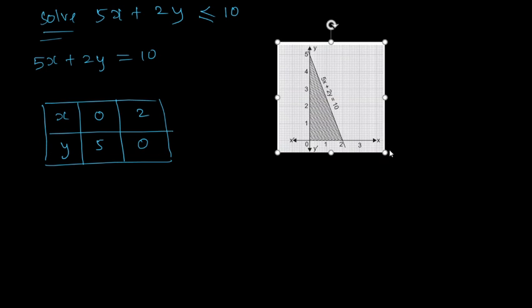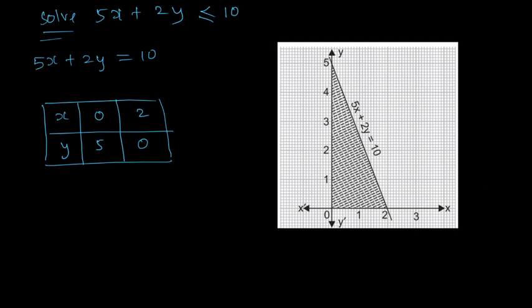Where 5x plus 2y is equal to 10. So this is the equation. But we are given less than or equal to, that is an inequation. So let us put the values of x and y as 0 and substitute in this equation.